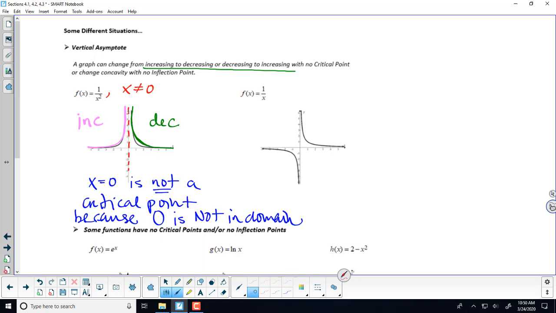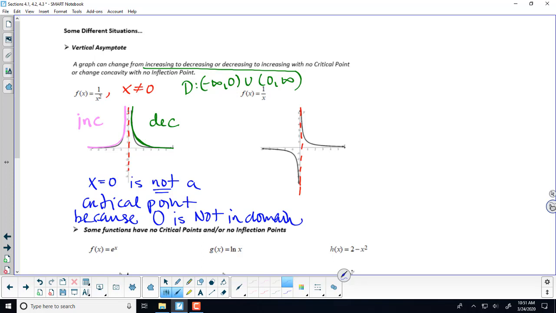Okay? In both of these cases, 1 over x, 0 is not in the domain. The domain of both of these functions is negative infinity to 0 or 0 to infinity. Okay? We have a vertical asymptote at 0 on both of them.